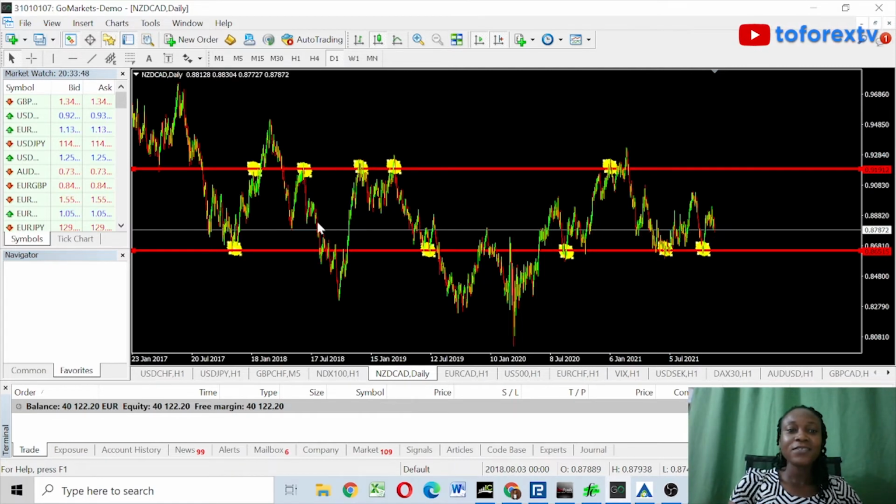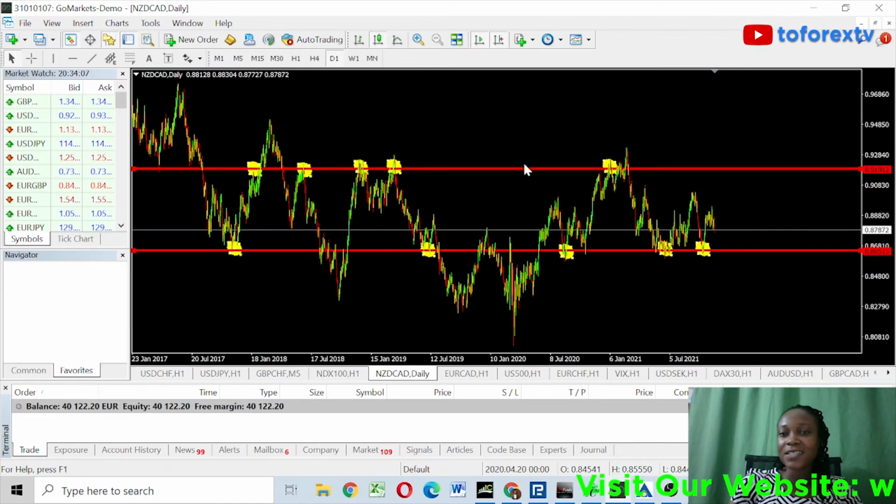Now you can see that the market goes up and comes down, touching your support level and also touching the resistance level.